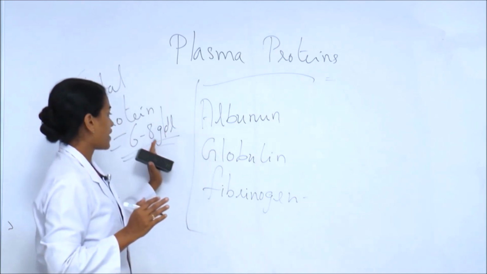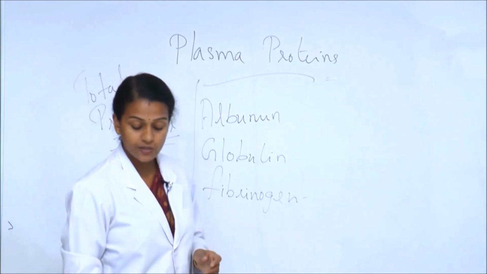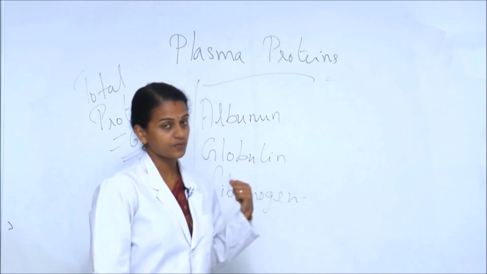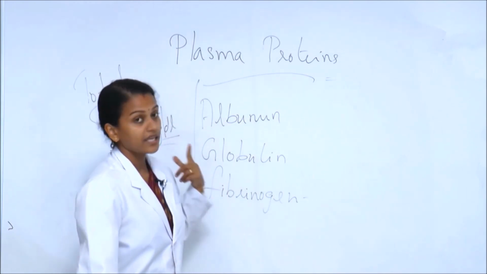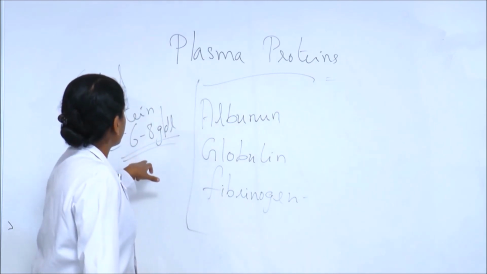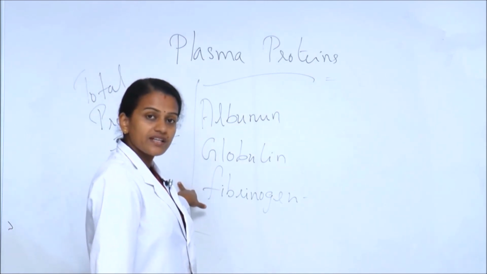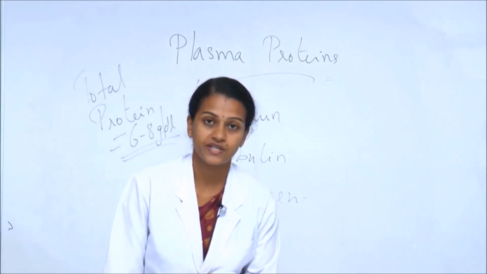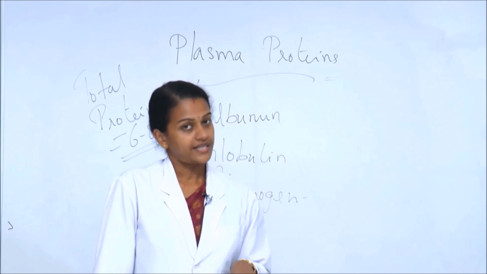So this also you have to remember, proteins are also expressed in grams per deciliter. Any other component that you studied in grams per deciliter? It is hemoglobin, 12 to 14 grams per deciliter. Here your proteins also 6 to 8 grams per deciliter. All the other parameters, glucose, urea, creatinine, everything is expressed in milligrams per deciliter.